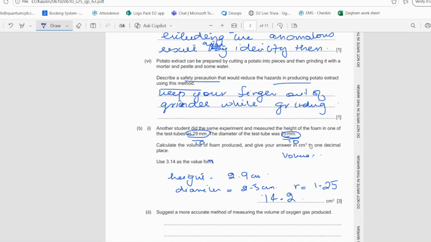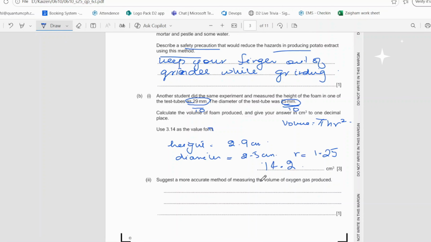So it would be pi, height, and r squared. Suggest a more accurate method of measuring volume of oxygen gas produced. Now that was an error that you figured out at the start, that they are not at the same level. So what is another way? Yes, use a gas syringe.